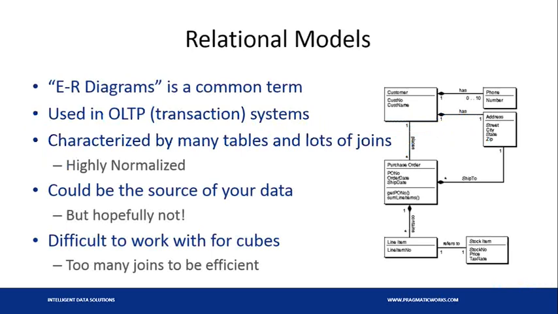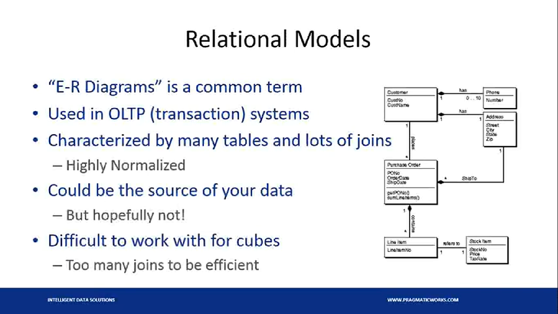You're going to hear the terms OLTP, online transaction processing, and OLAP, online analytical processing. Those are the two primary structures for data that we in the data world use when we build applications. If we're building an application for data entry, we're going to be building an OLTP, and it's going to have what we call an entity relationship diagram, an ER diagram.